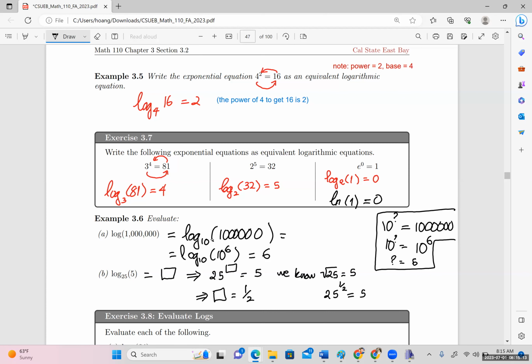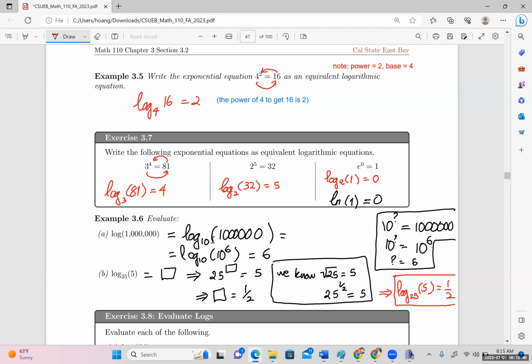That means log base 25 of 5 will be equal to 1/2 only, and this is the answer for part B.